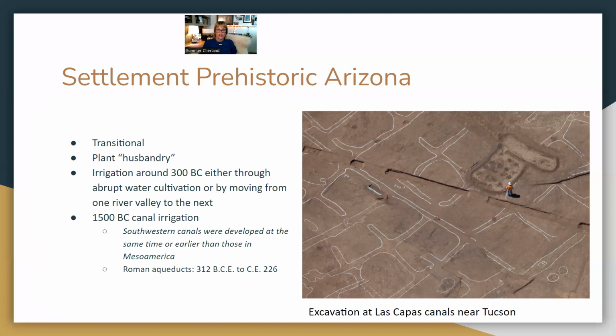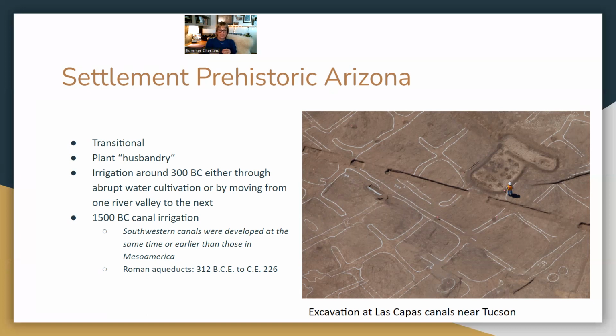So what we know for sure is all three groups were fairly transitional. Even if they moved around a lot, they adopted something that Sheridan calls plant husbandry. So like cultivating specific crops, even though they were moving around. So they may not have laid out large farms that you might be thinking of, at least in the beginning, but they still intentionally planted seeds in places, or they still intentionally pruned or gathered certain things, knowing about the seasonal cycles.